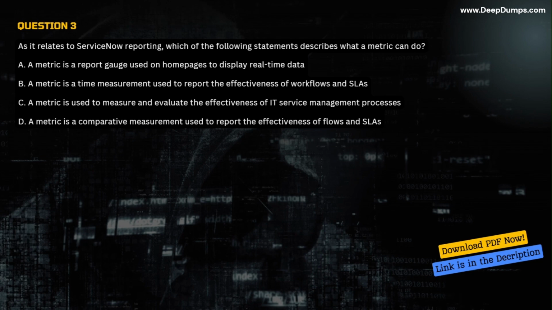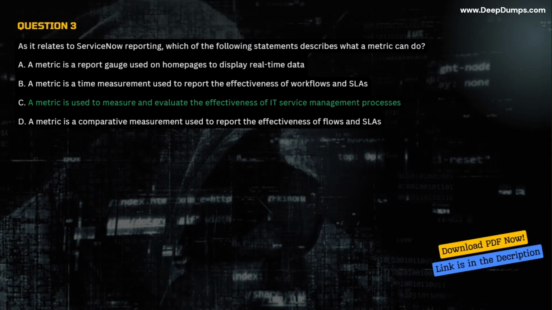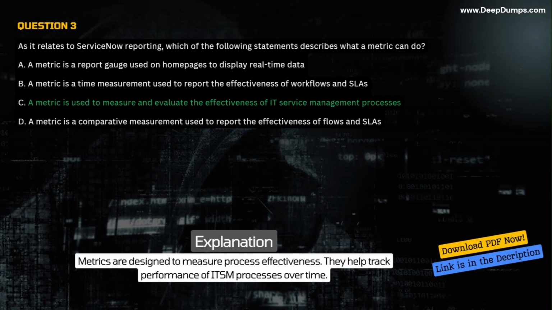D. A metric is a comparative measurement used to report the effectiveness of flows and SLAs. Correct answer, C. A metric is used to measure and evaluate the effectiveness of IT service management processes. Explanation. Metrics are designed to measure process effectiveness. They help track performance of ITSM processes over time.